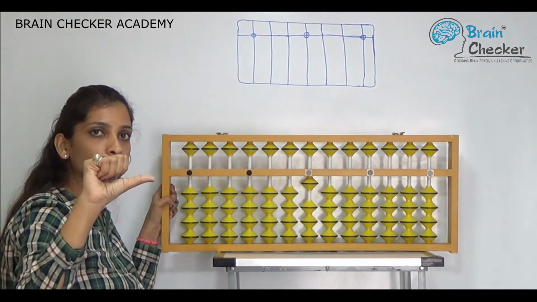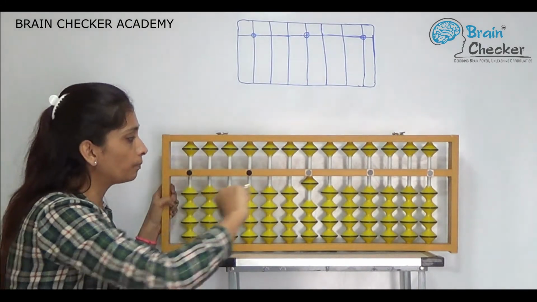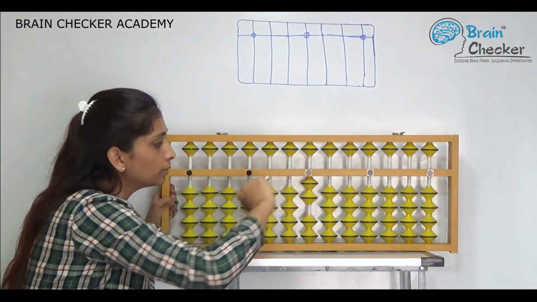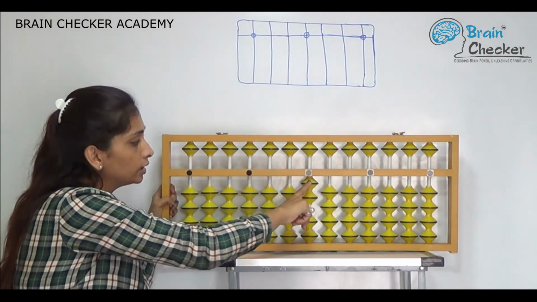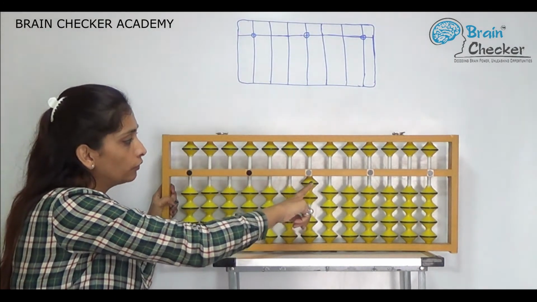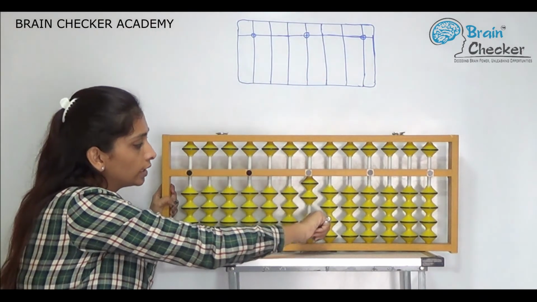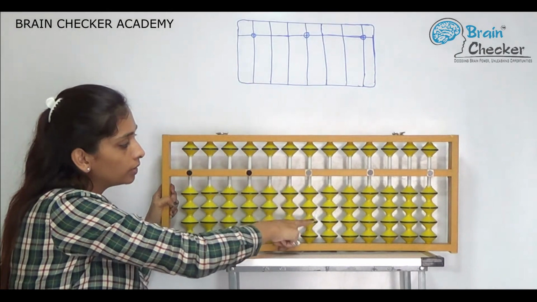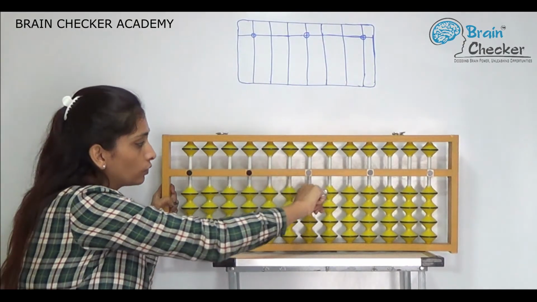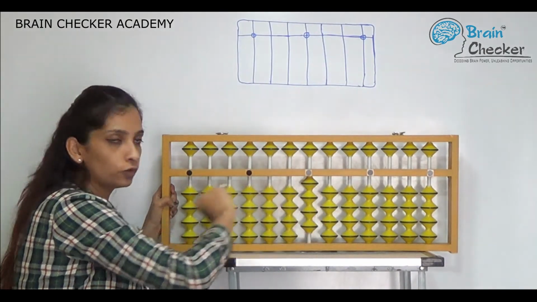But remember, you have to use your thumb to take it up. Again, if I take another bead up, now we have 2. The next is 3, 4. So on the unit rod, the lower beads have 4 numbers: 1, 2, 3, 4.